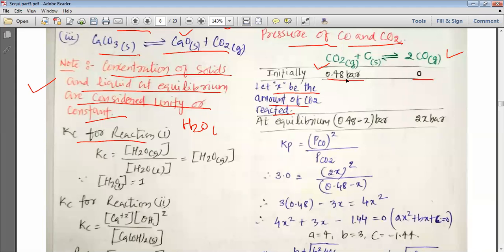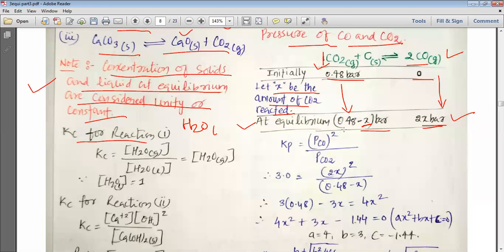So X amount of CO2 has reacted, and that is why an equilibrium has been established, and the partial pressure of CO2 has decreased to 0.48 minus X bar. Same way the partial pressure of CO has increased. Now you can see that 1 mole of CO2 gives 2 moles of CO, and that is why if X moles of CO2 are utilized, we get 2X moles of CO formed. So at equilibrium the partial pressure of CO gas is 2X bar.